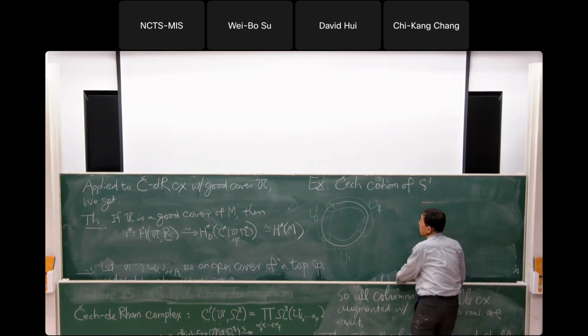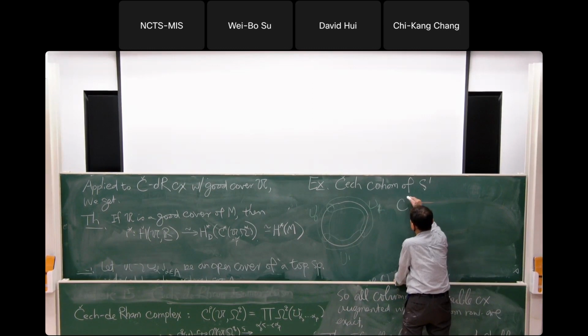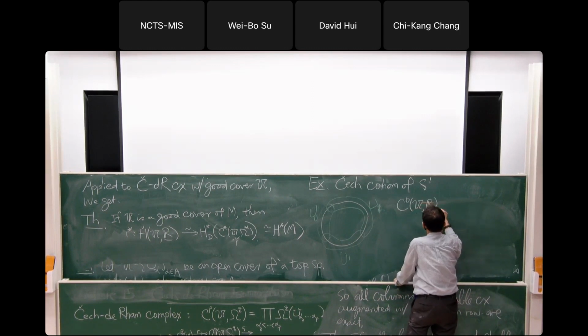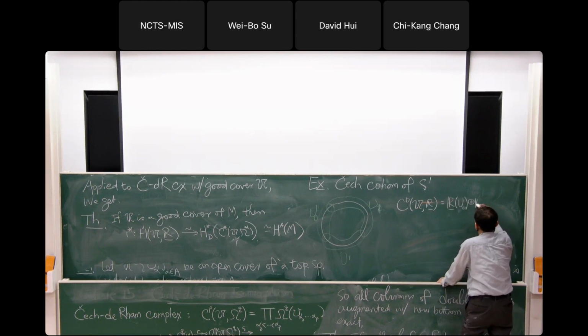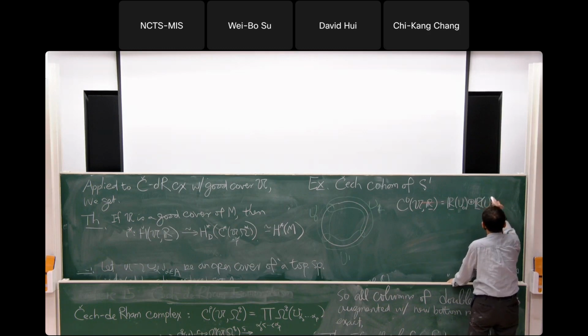And so let's write down C0. Now C0 would be the locally constant functions on the open sets. So it's R^{U0}, R^{U1}, R^{U2}.